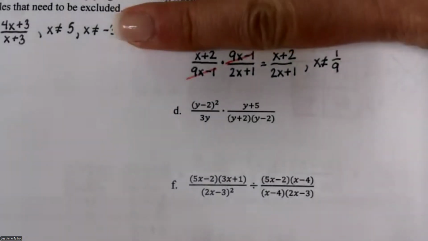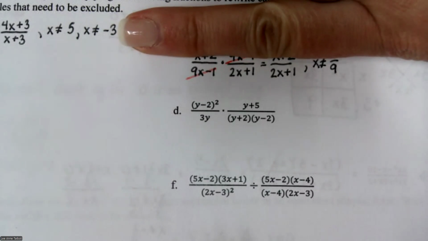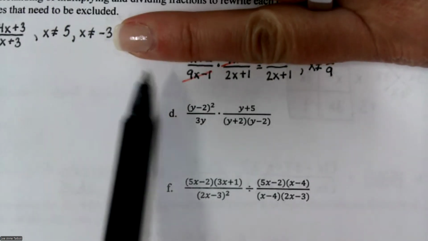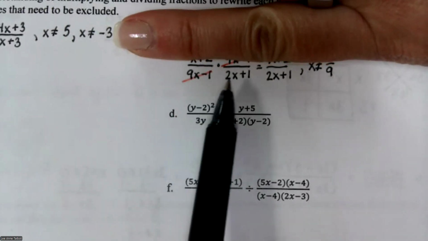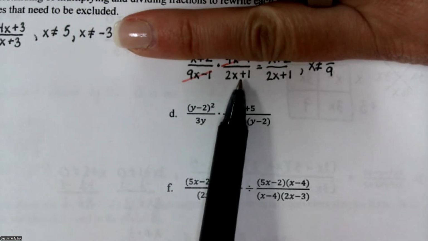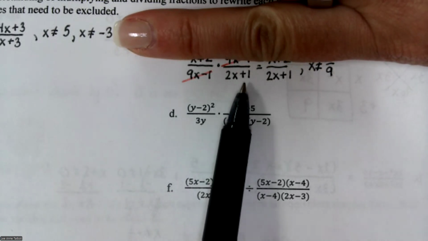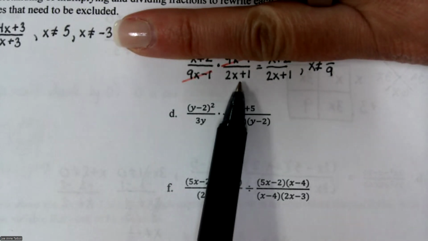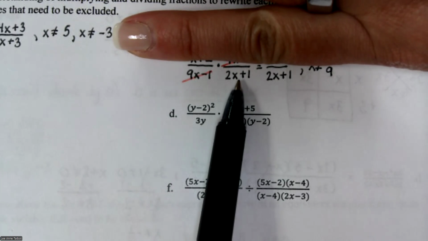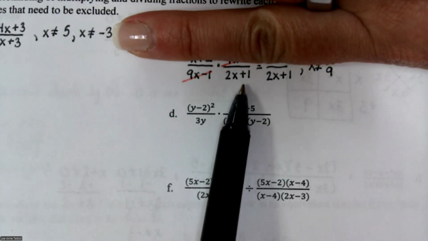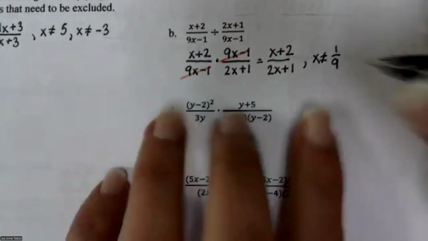Now, after the keep, change, flip, what's in the bottom? I already got this. Now I need this also. I have to include excluded values before and after the keep, change, flip. So what is the excluded value for this in your head? Okay, but then -1 from both sides, divide by 2, -1/2.